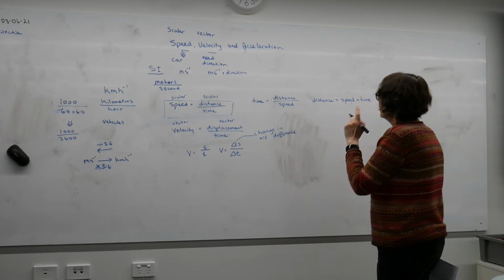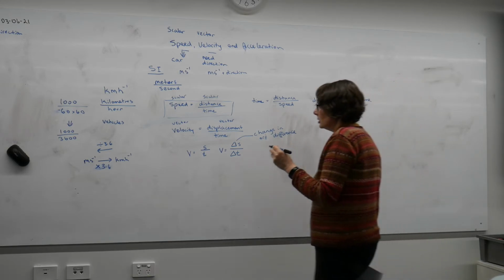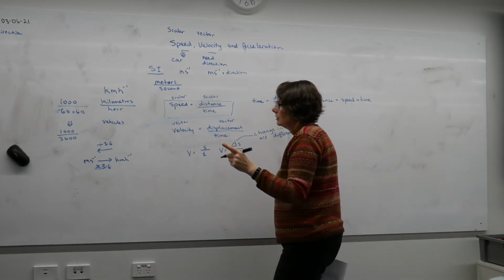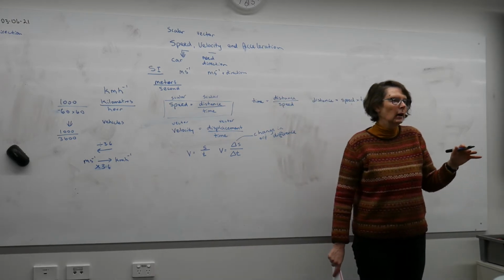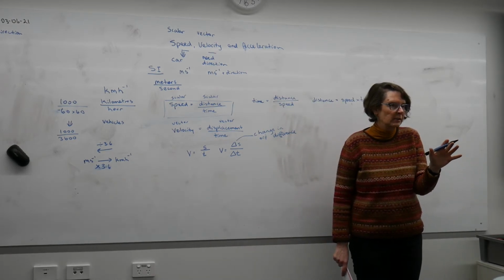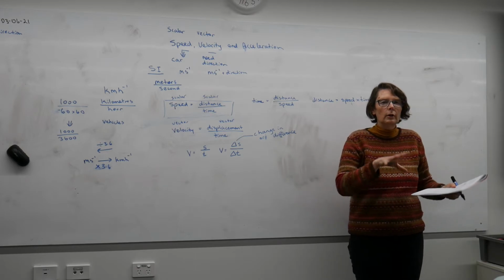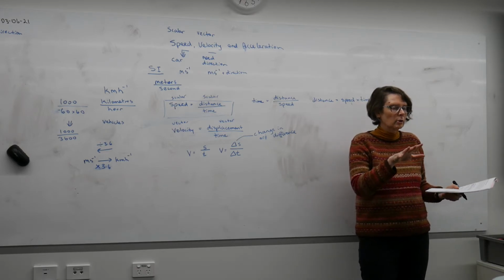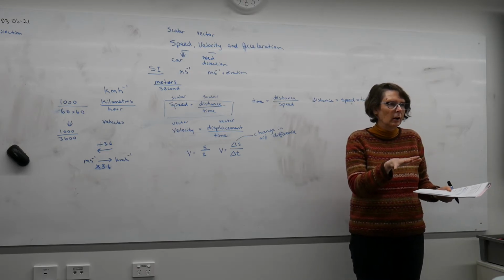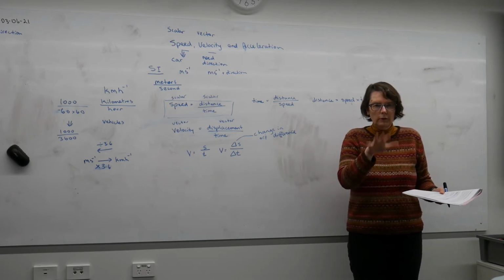Okay, and we'll have one last little chat about acceleration. So when you're driving or in your car, depending on whether you're the driver or a passenger, if you're on the highway and you're cruising along at 100 kilometres an hour, 110 kilometres an hour, you generally have your foot pretty steady.